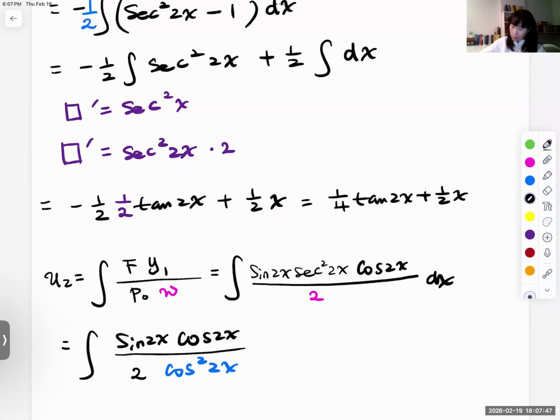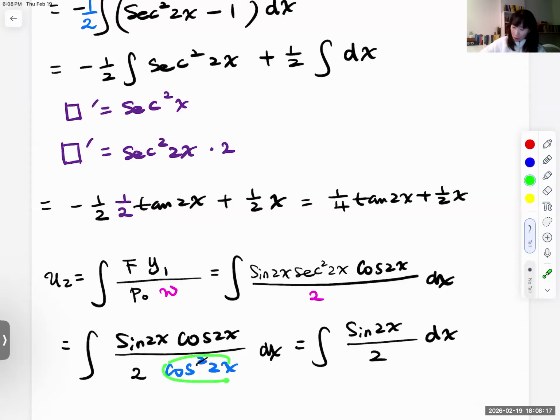Okay, that means we can simplify with 1, right? So there will be sine 2x, cosine 2x, sorry, simplified, over 2 dx. Yeah. Okay, now, what can you see? No, hold on 1 second. We have 1 left. Cosine 2x left, right? So cosine 2x.